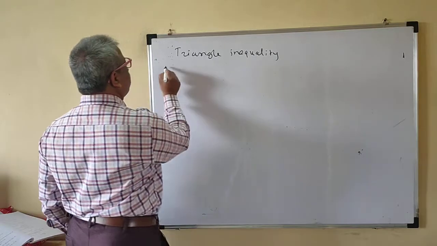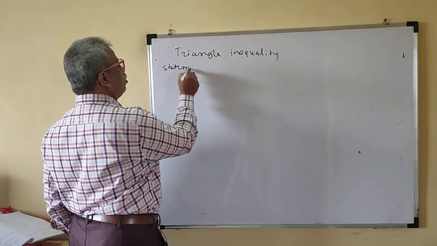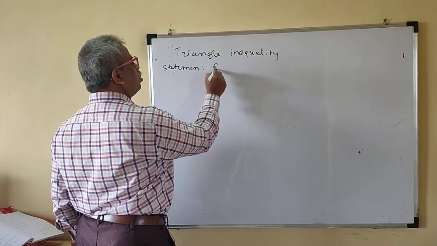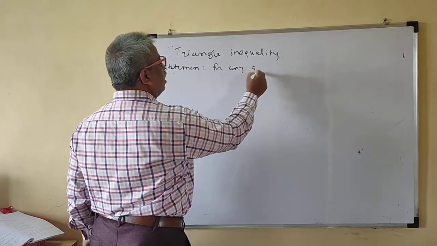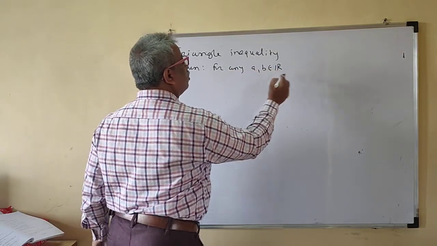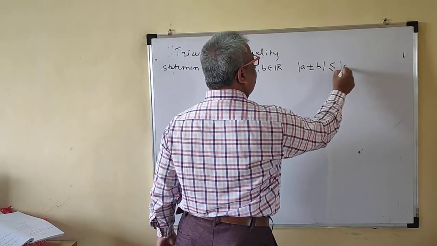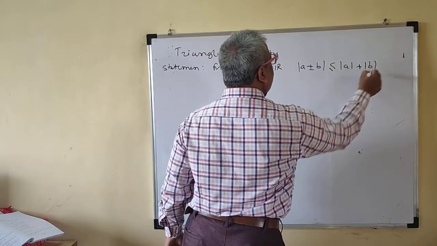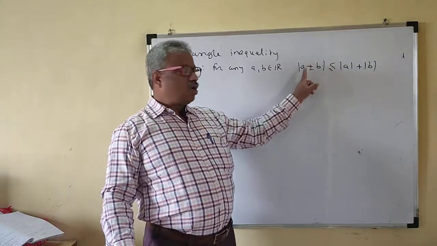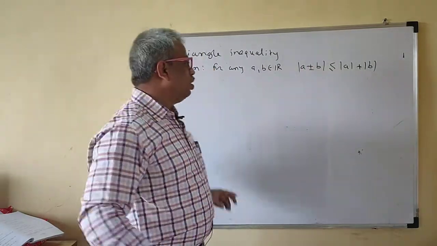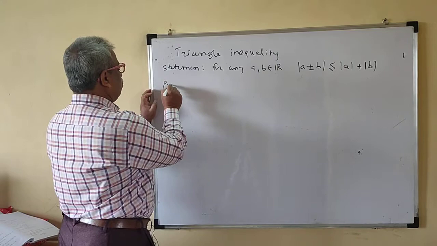Statement: for any a, b belonging to R, mod of a plus or minus b is less than or equal to mod a plus mod b.